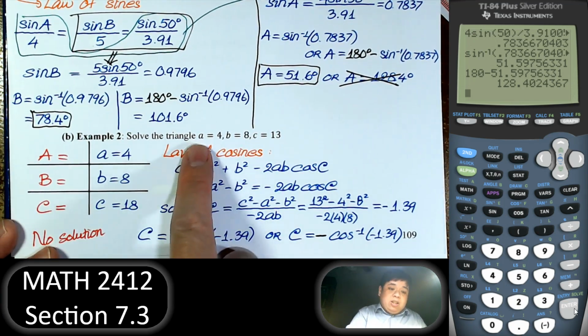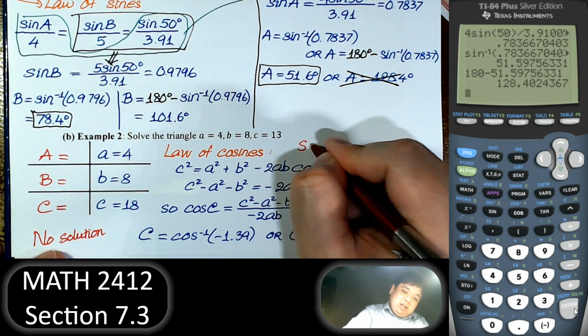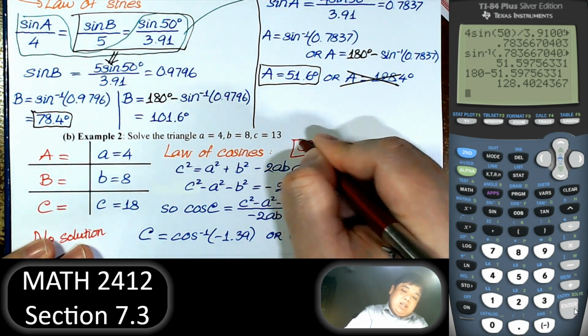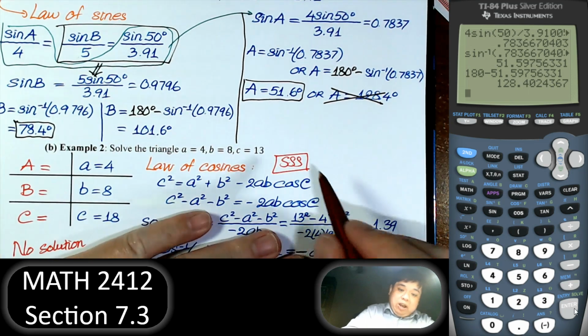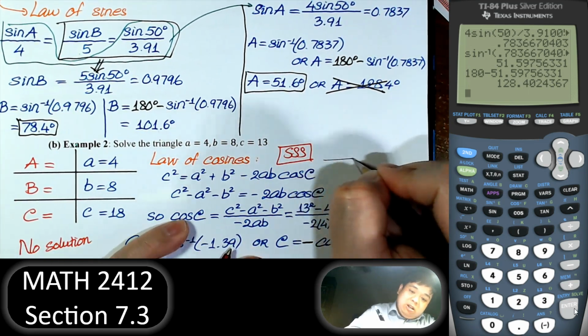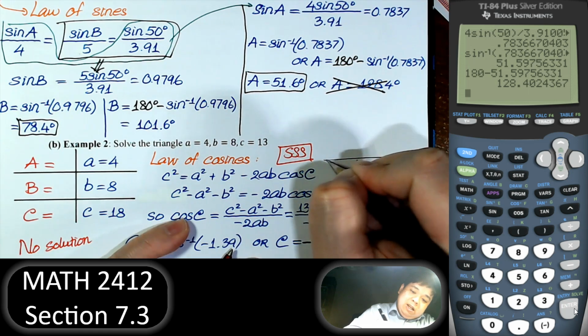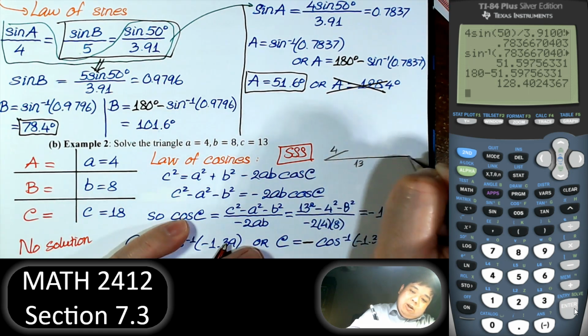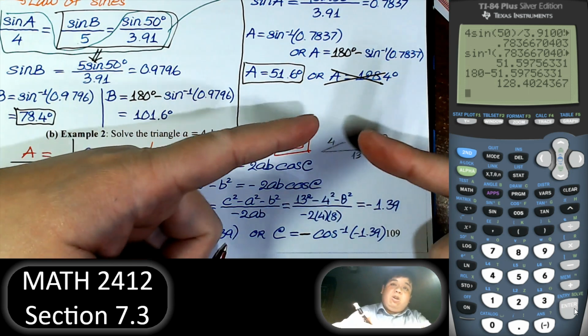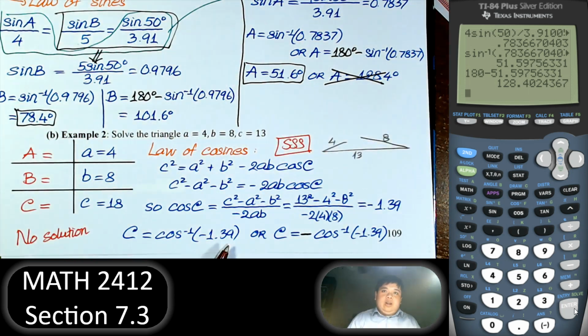Right, this of course obviously we have three sides, so this is side, side, side, but the reason this is no solution is because we have one side that is extremely long, 13, one of them is 4, and the other one is 8. It's not long enough to form the triangle.